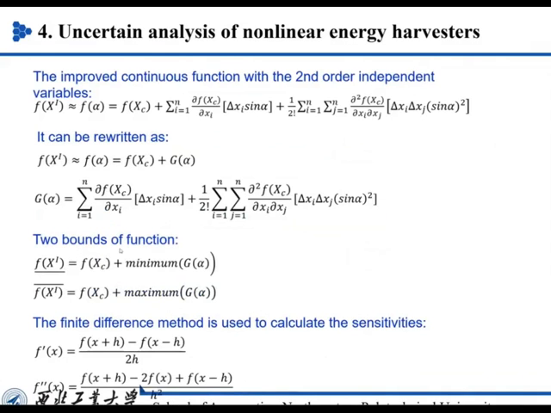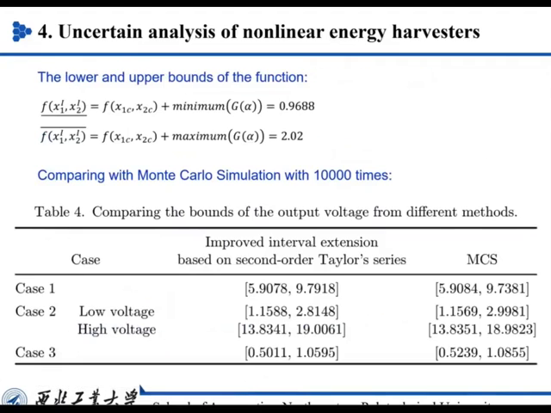This equation is very important to find its boundaries. We also compare the lower and upper bounds of the function, and we make the comparison with a Monte Carlo simulation with 10,000 runs. This is the improved interval extension based on second order Taylor series, and this is Monte Carlo simulation.